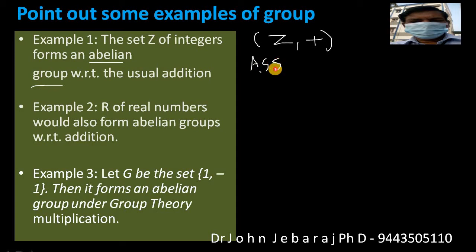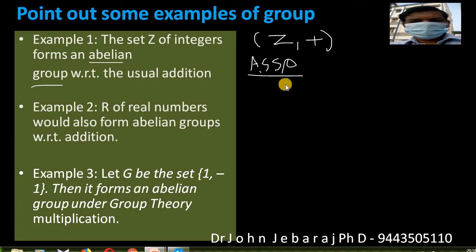I'm shortly writing associative. Now, associative means among three elements or more than three elements, associated in any way, the resulting element is the same. That's what we have to prove here. Am I correct?